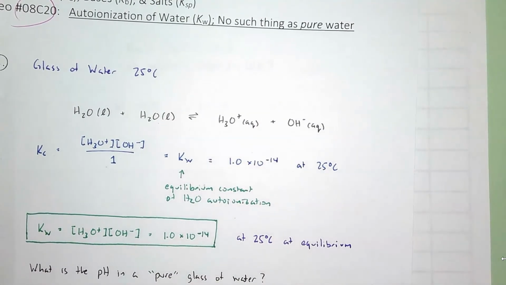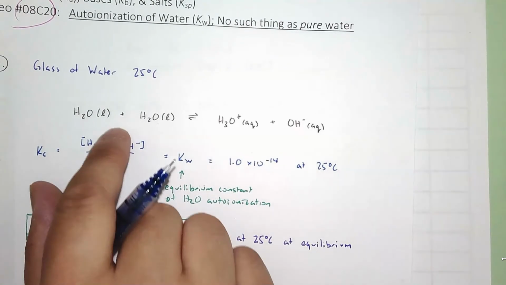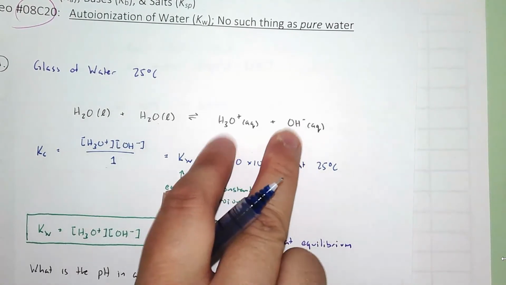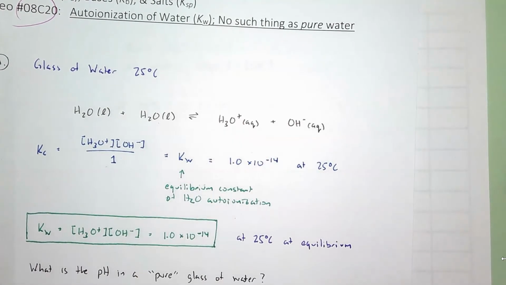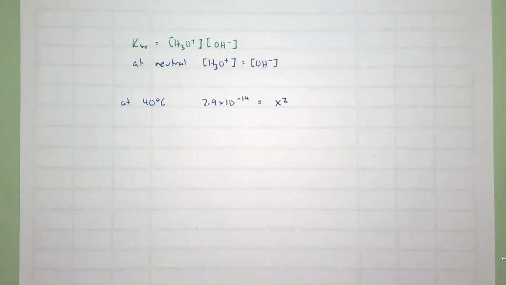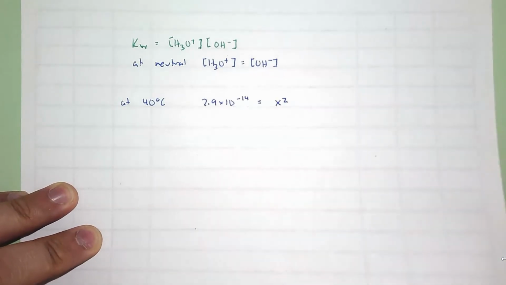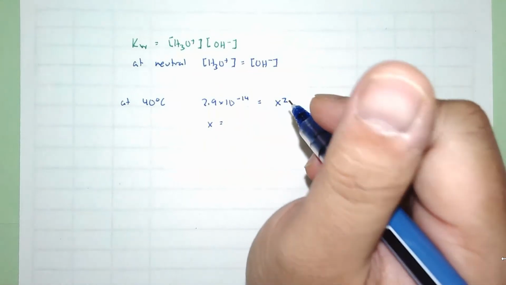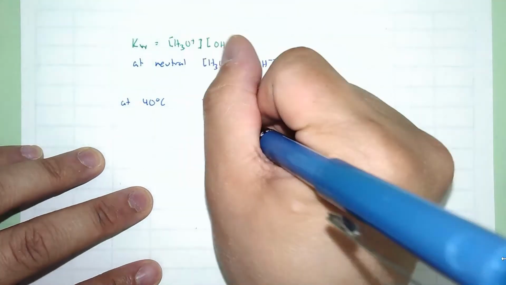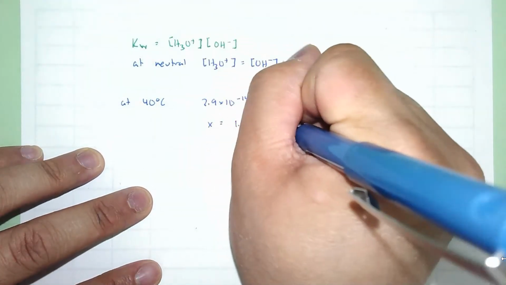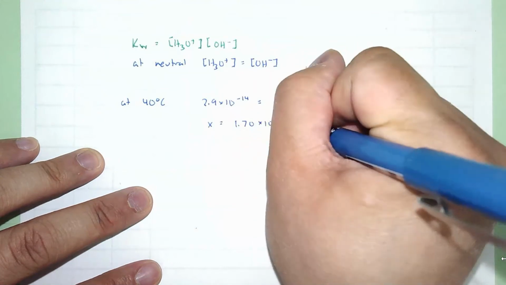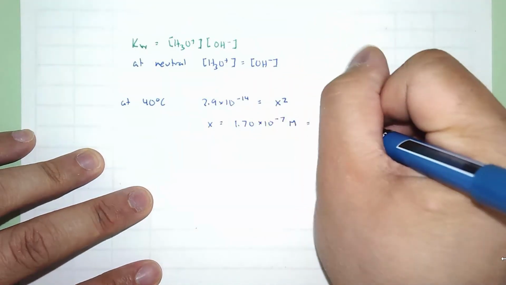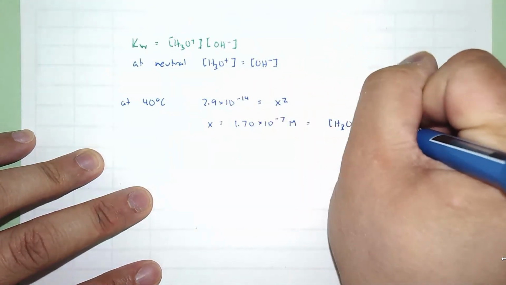Now, that's going to be thrown way off if we start adding acid or base, right? We will not get a 1-to-1 ratio. But anyway, we're still with pure water, so it is a 1-to-1 ratio. And in this case, x equals, I did these calculations beforehand, 1.70 times 10 to the minus 7 molarity. That's equal to, again, the concentration of hydronium.